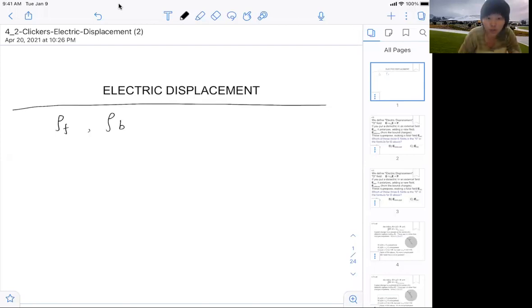The free charges are the ones you added. You have control over how much free charge to add. The bound charges are a response of the dielectric material to the polarization, to the external E field. So now you end up with both of them, which means your total charge density is going to be the free charge plus the bound charge together.